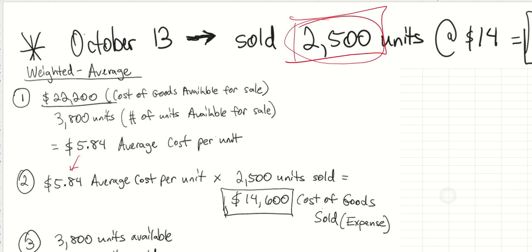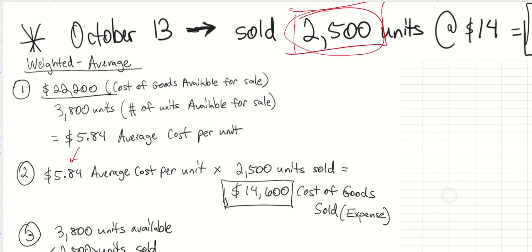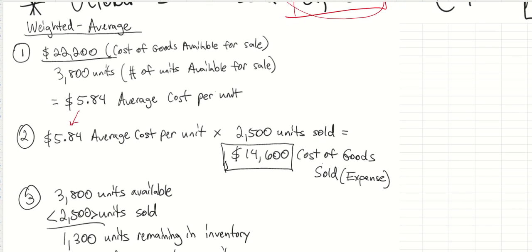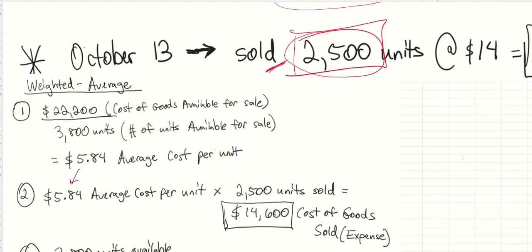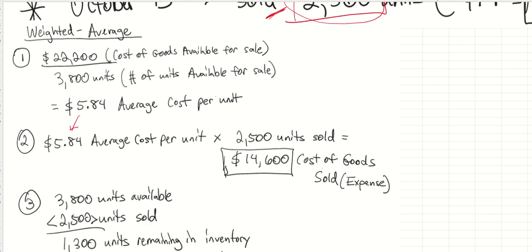Then step three, you have to figure out what the inventory balance is going to be. Simply put, you're going to take the 3,800 units that were available right here, subtract out the 2,500 units that were sold. That gives you 1,300 units remaining in inventory, which is no different than using the other inventory costing methods.